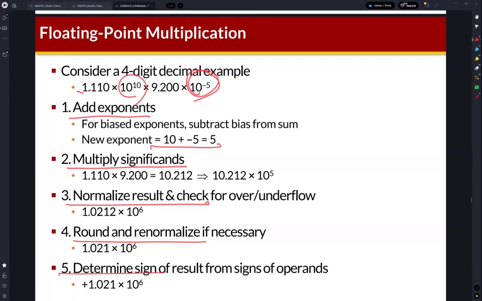And then finally, we decide the sign. Plus times minus is a minus, plus times plus is a plus, minus times minus is a plus. So we can easily calculate the sign. These are the steps for floating point multiplication in a decimal number system.